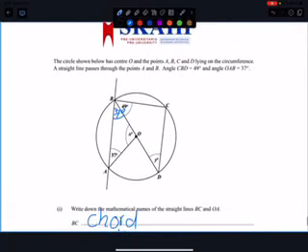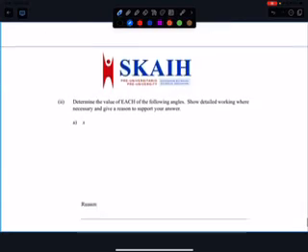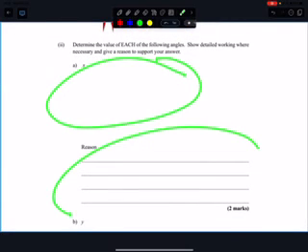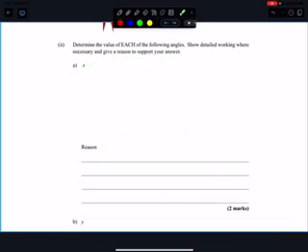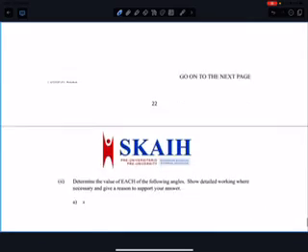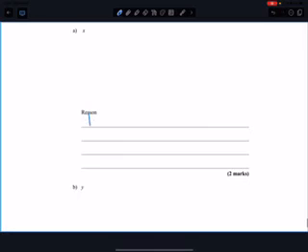So how do you put it in writing? Remember, this is 2 marks. If your answer does not match your reason, it's 0 marks. So you have triangle AOB is isosceles.